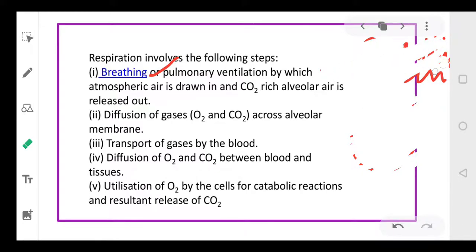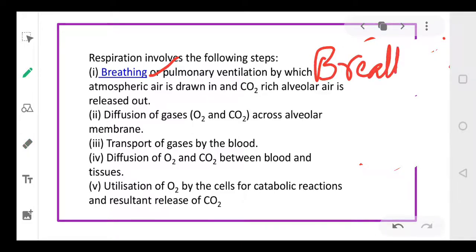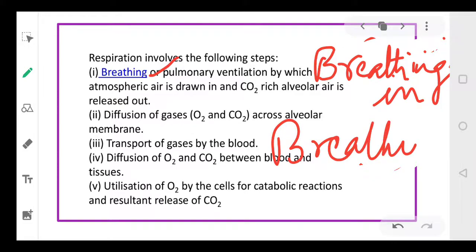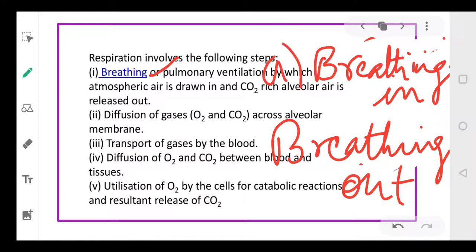So we can say your breathing part, or the first part, can have two main sub steps: breathing in and breathing out. ओके डियर स्टूडेंट्स, जो पहला स्टेप है हमारा which we are calling breathing, breathing को हम दो कैटेगरीज में डिवाइड कर सकते हैं. The very first is breathing in and the second step is breathing out.